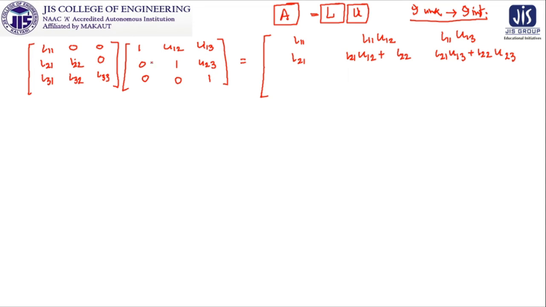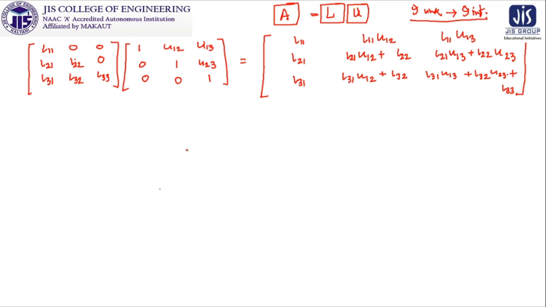So L21 U13 plus L22 U23 plus 1 into 0. And in a similar manner, the last row, the 3 1 position, will be L31, then L31 U12 plus L32, and finally we are going to get L31 U13 plus L32 U23 plus L33.